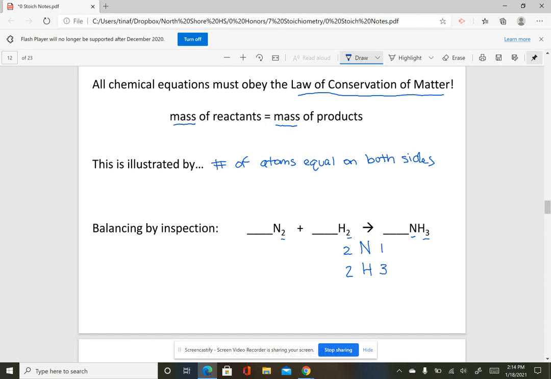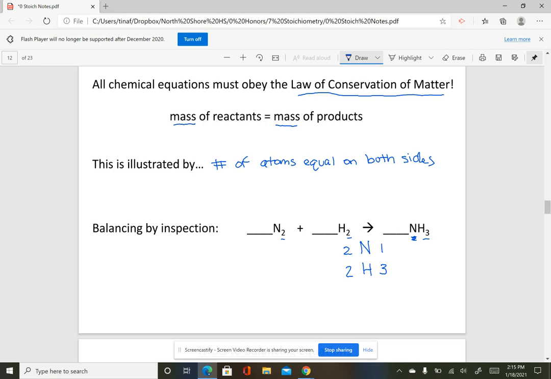So none of these atoms are balanced, and I have to go ahead and add coefficients into this equation to make them balanced. So let's start with nitrogen. Whatever side has a lower amount, you want to go ahead and make that side higher. So on the side where I just have 1 nitrogen, I want to think, okay, well, what would I have to multiply that 1 nitrogen by to make me have 2 nitrogens? Because that's what I need to be the same on both sides.